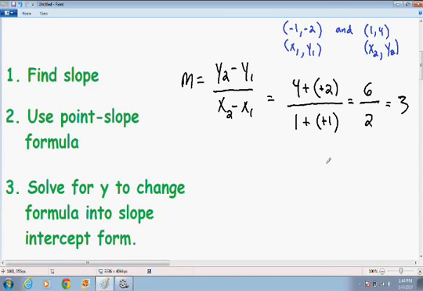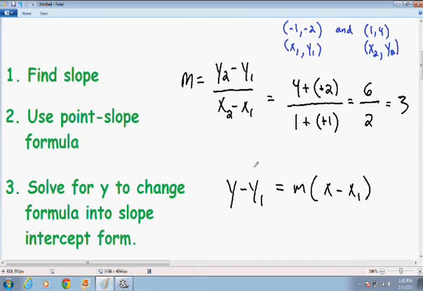So now that we have found our slope, we can move on to step number 2, and we want to use our point-slope formula. Our point-slope formula is y minus y1 is equal to m times x minus x1.